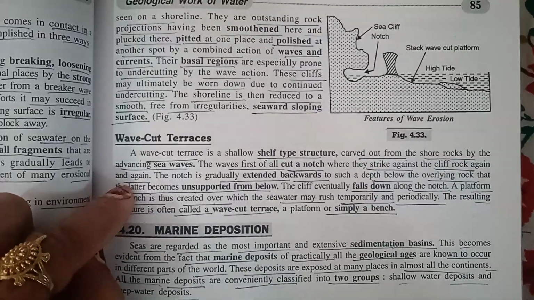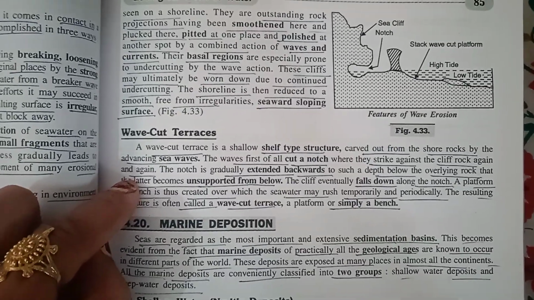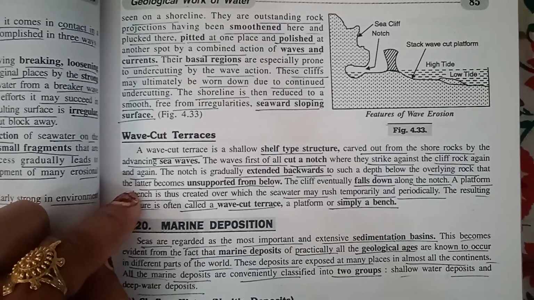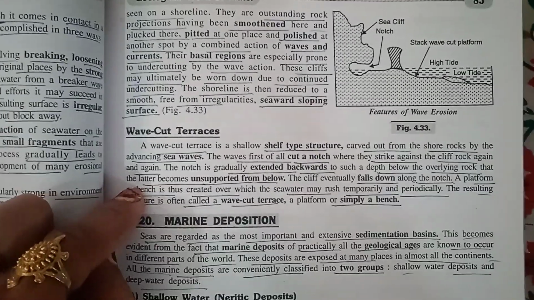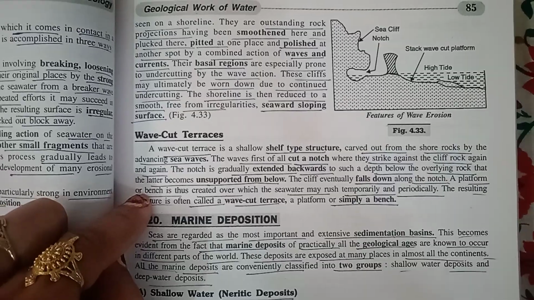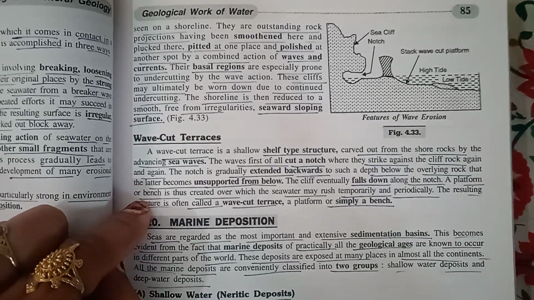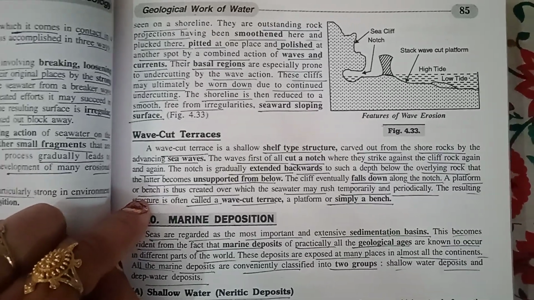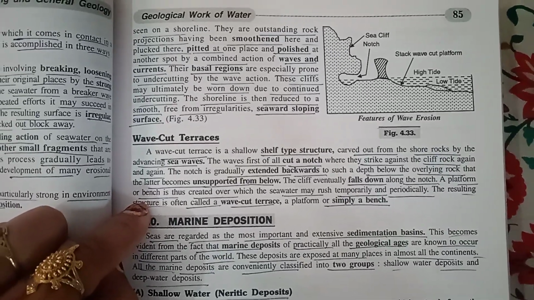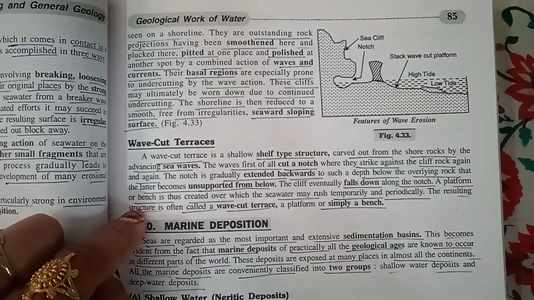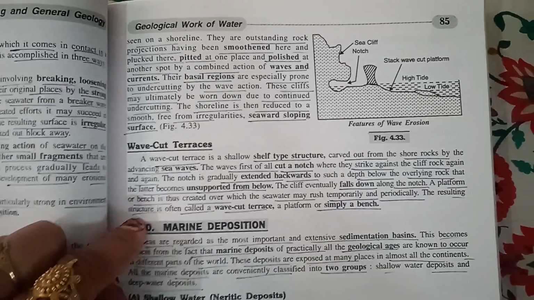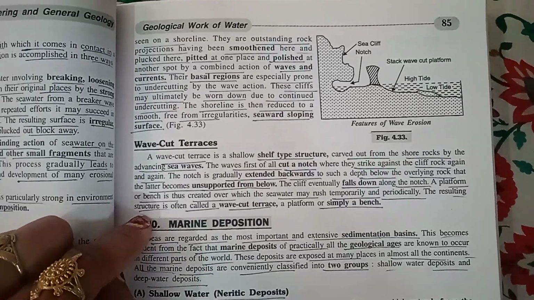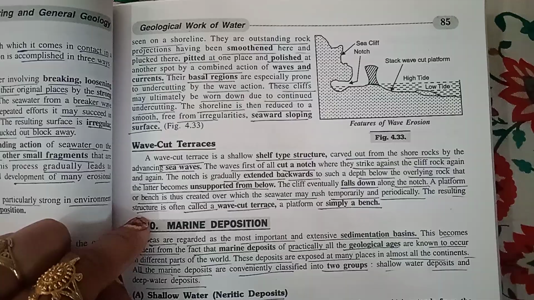The notch is gradually extended backwards to such a depth below the overlying rocks that the latter becomes unsupported from below. The cliff eventually falls down alongside the notch. A platform or bench is thus created, over which the seawater may rush temporarily and periodically. The resulting structure is often called a wave cut terrace, a platform, or simply a bench.